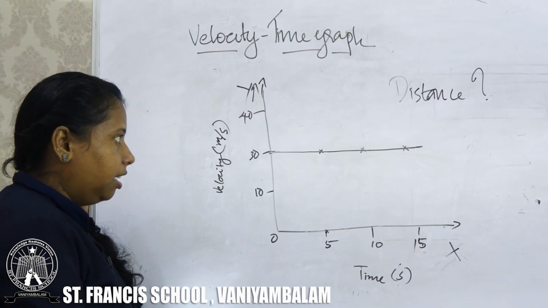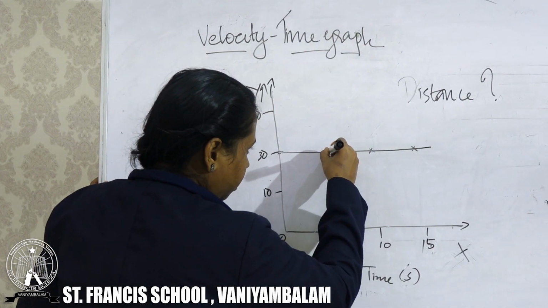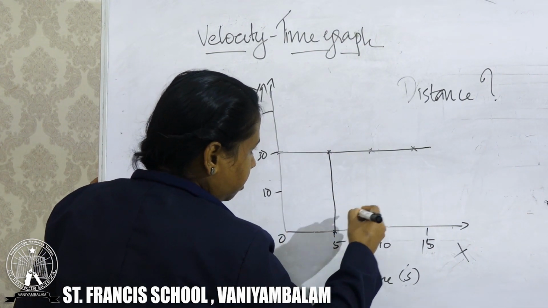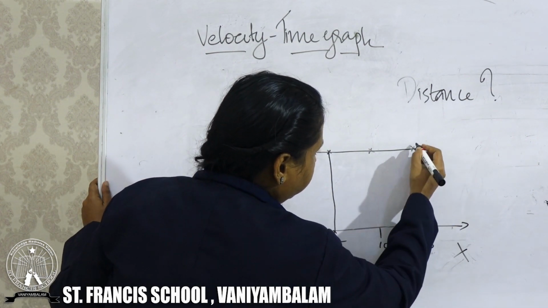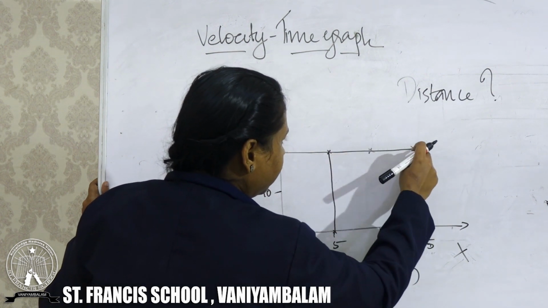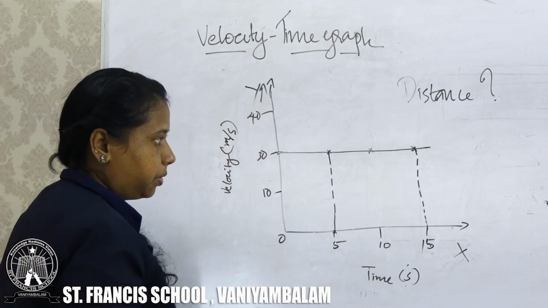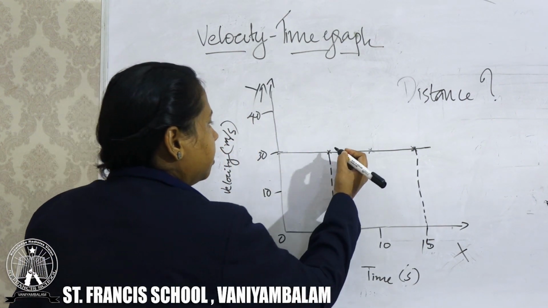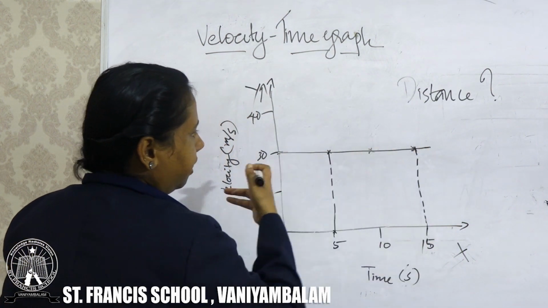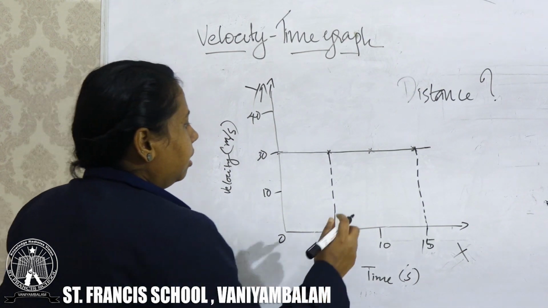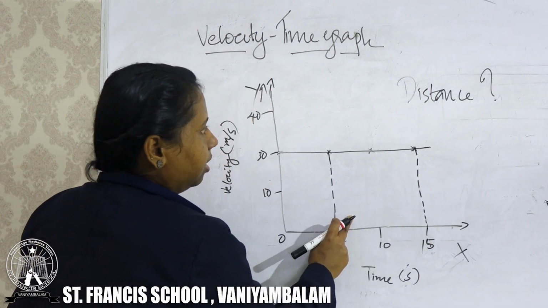Suppose you select 2 points and join them with a line to the x-axis. We can't do it to the y-axis. So this area gives the distance.